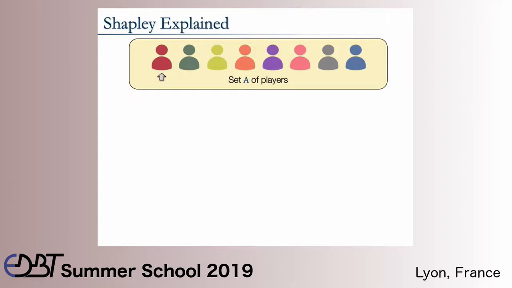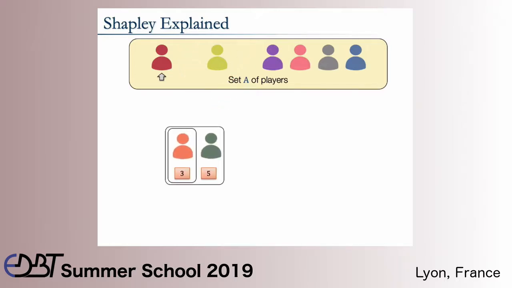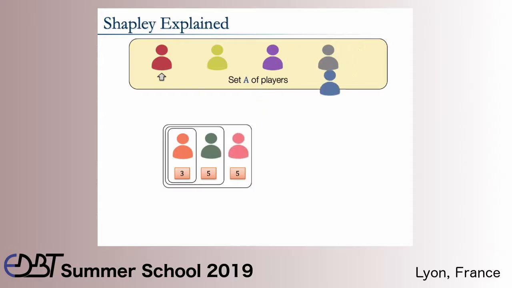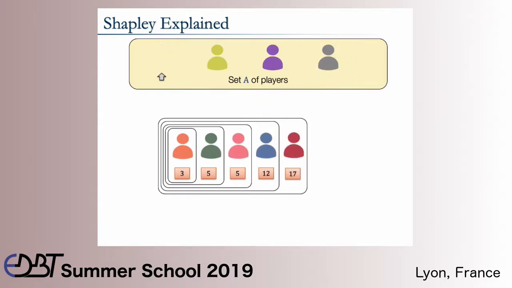I'm trying to quantify the responsibility of this red person to the game, to the coalition, to the wealth. So I'm doing the following game. I'm selecting people one by one, randomly, without replacement. And then at some point, I'm selecting the red guy. When this red one has been added, there's a change in the wealth function.